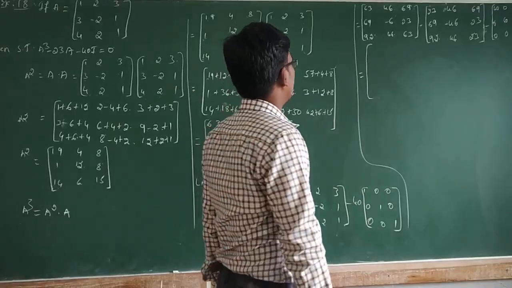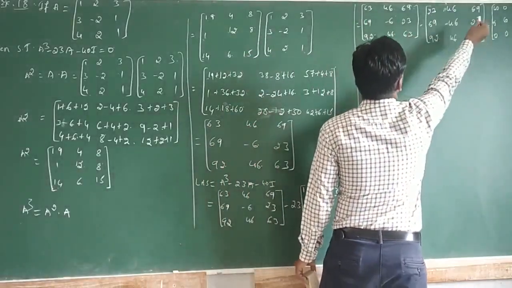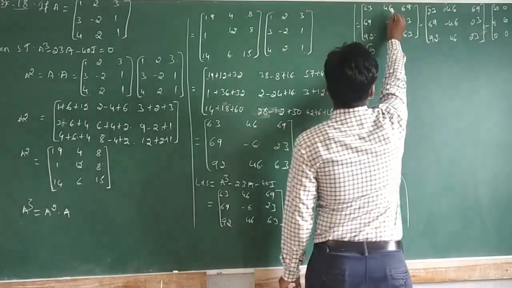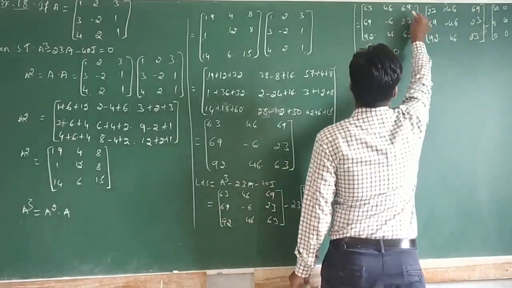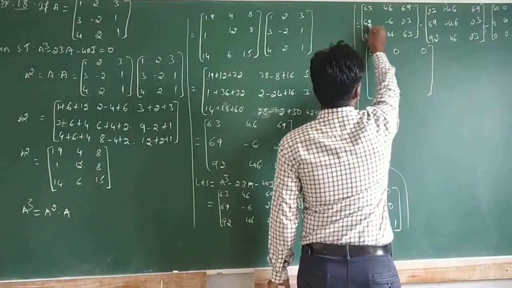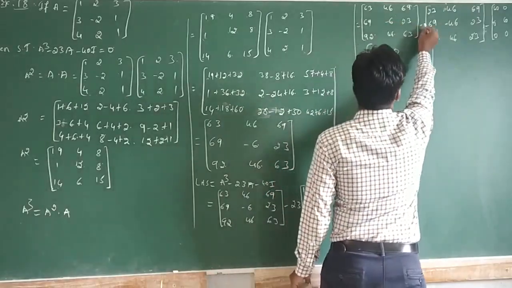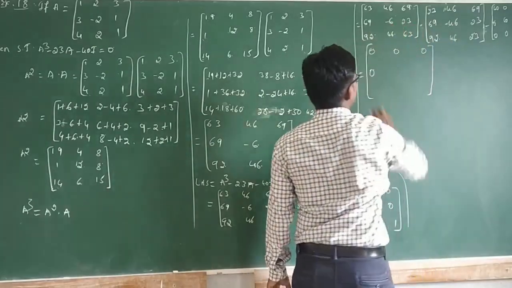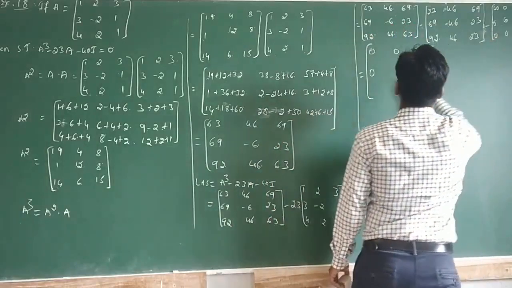Okay, note: 63 minus 23 minus 40, so 63 minus 63 it is 0. Next 46 minus 46 is 0, 69 minus 69 is 0, next 69 minus 69 is 0. Here minus 6, minus into minus is plus, so here plus 46, minus 6 plus 46 it is 40, 40 minus 40 it is 0.